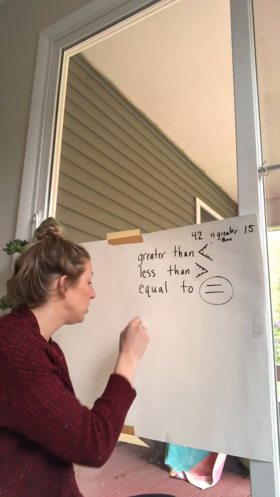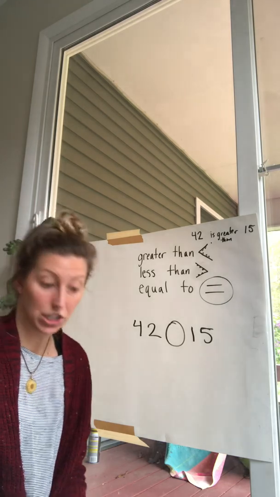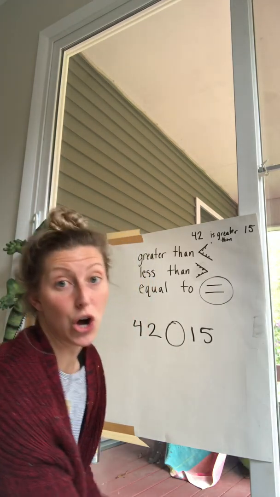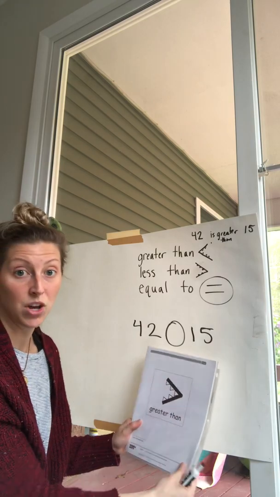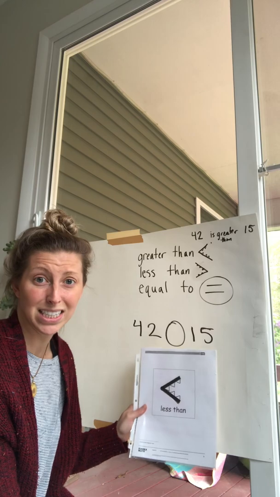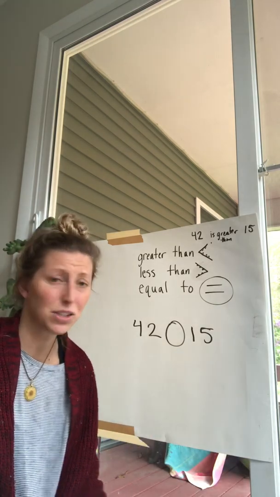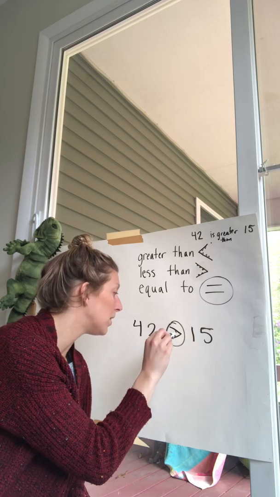So if I have 42 and 15, which way is the alligator going to go? Is the alligator going to eat the 42, or is the alligator going to eat the 15? Well, absolutely, the alligator has to eat the 42 because that's the bigger number.